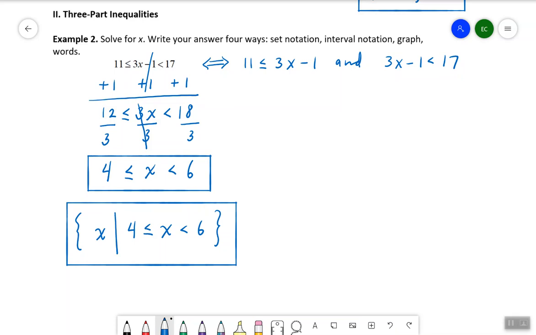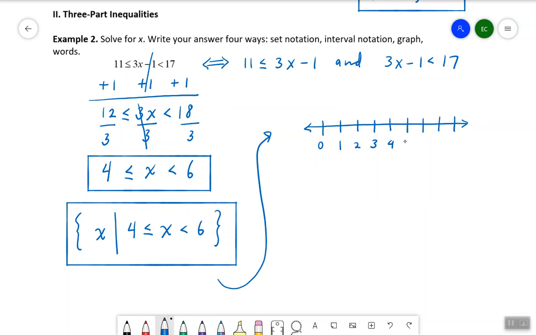Before we do that, let's go ahead and put this on a number line. So let's just have a number line with a few tick marks. It's usually nice to include 0 on your number line. And then, of course, we have to have 4 and 6 because those are the boundaries of the interval that we're talking about.